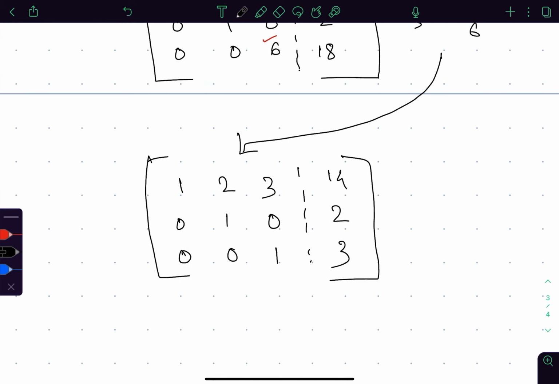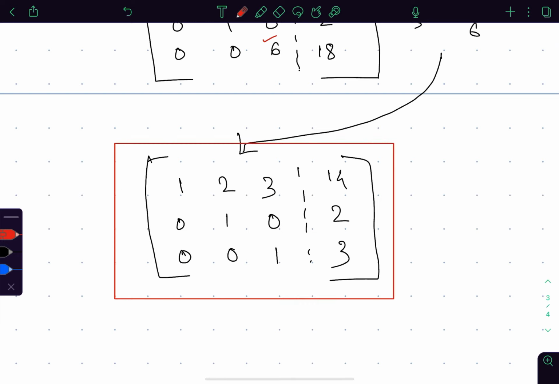Oh, awesome. Now the thing that you are seeing here is called row echelon form. At the end of the forward elimination phase, what remains is the row echelon form, right?